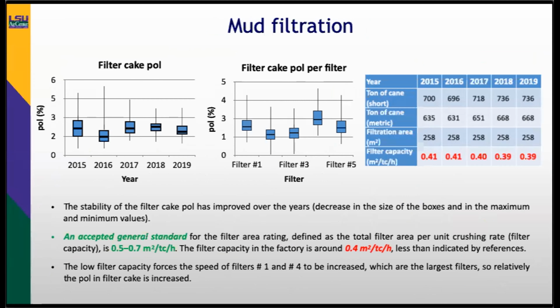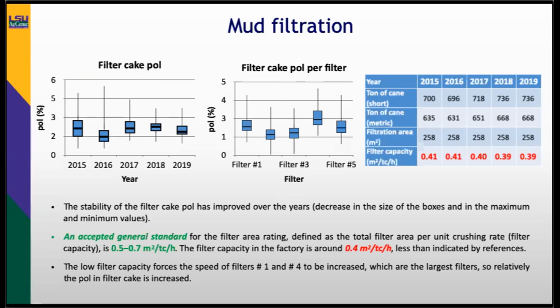You can see on the left side of the slide that during 2015 and 2016, the variability and the size of the box was higher, and the whiskers too. But at the end, during 2019, the box was a little smaller, and the whiskers were also shorter. So that means that the stability of the filter cake pol improved during the years.